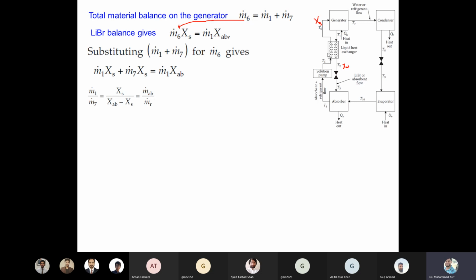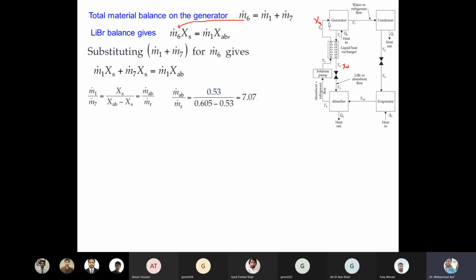So now we can calculate the energy balance. We already have the value of the excess, which is in previous slides. We also have the value of XAB and XC. So we can put that value. So this ratio, M1 divided by M7, is 7.07.